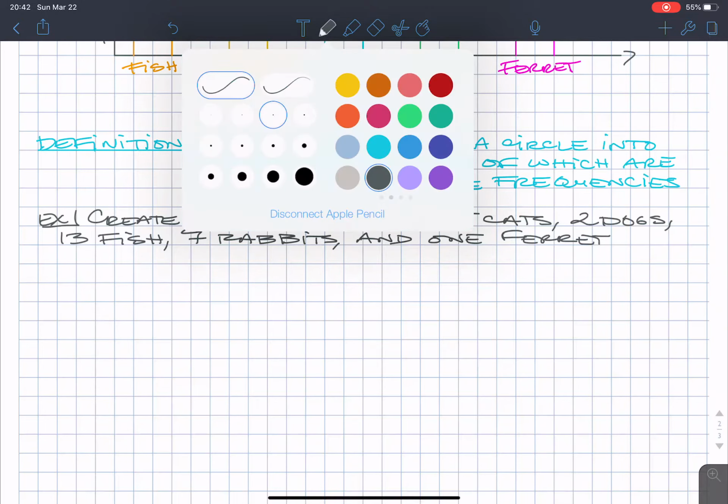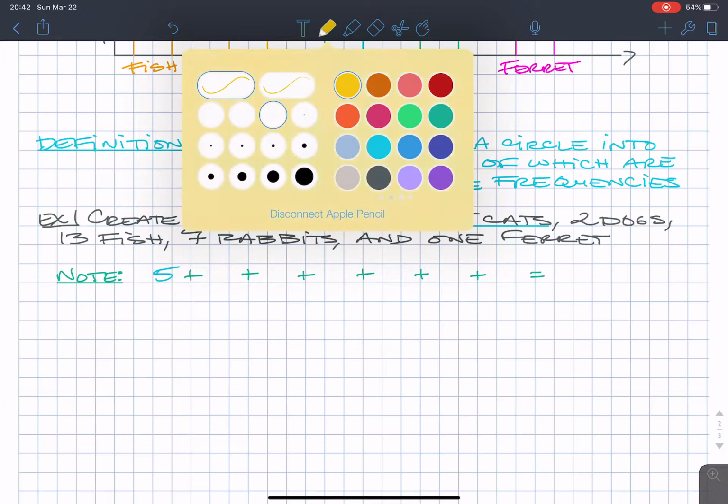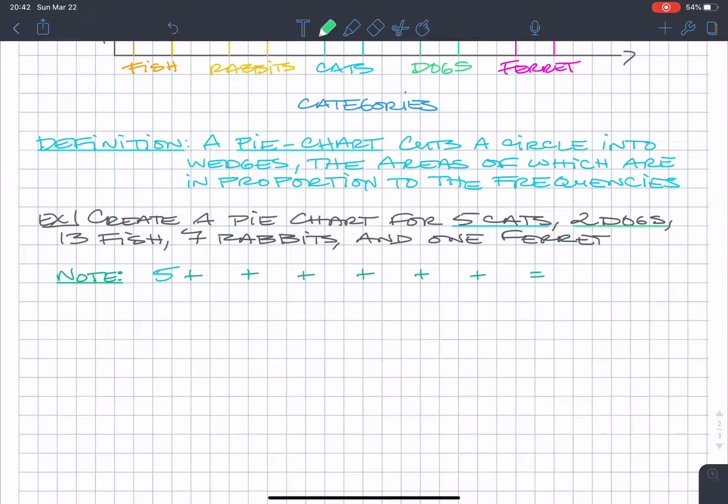Okay, so let's first note, we're going to be adding the number of animals here. So what do we have? Cats. We have 5 cats. We have dogs, 2 dogs.